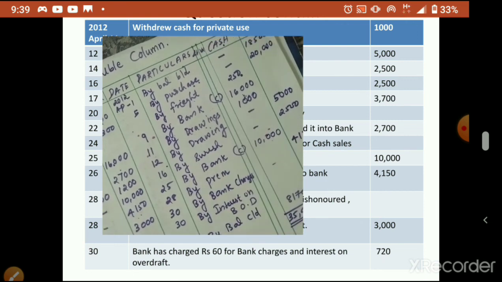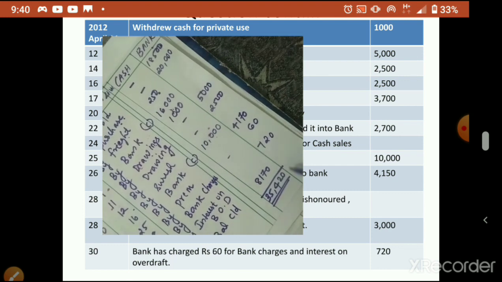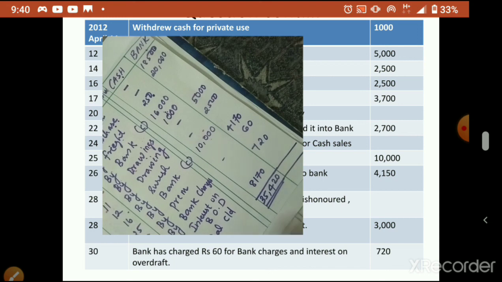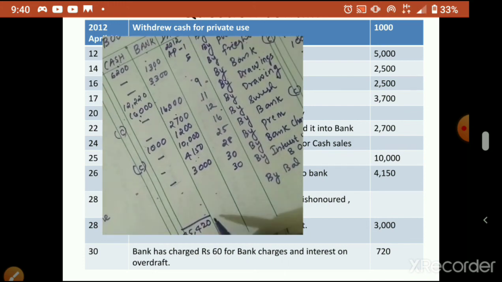Okay. Now this bank column also we will check. In the bank column, the credit side is coming more, which means this side is more. So this we have to total first. Both the sides you add and see which side is more. So the credit side is more for the bank column. So 50,950 first we'll put there. Then you have to bring it to the debit side, 50,950.